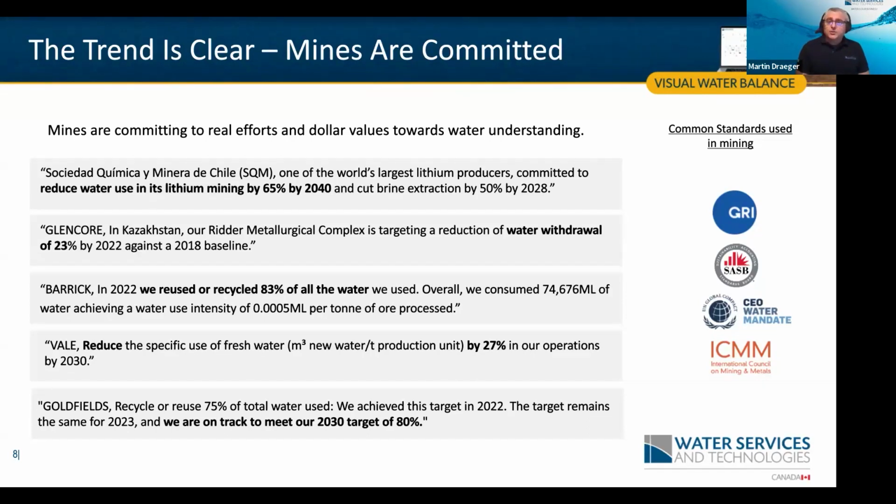Did we see that 10 years ago? Probably not. Glencore has a target of a water withdrawal reduction of 23%. Now that was hit. Barrick Gold in 2022 was looking at more reuse of recycled water, 83%. Fantastic. And Vale, a reduction by 27% in their freshwater use.